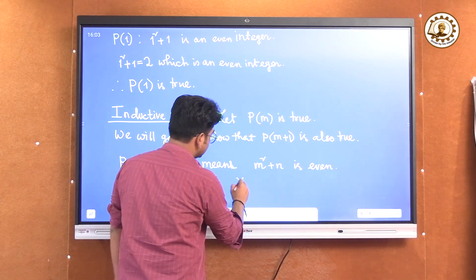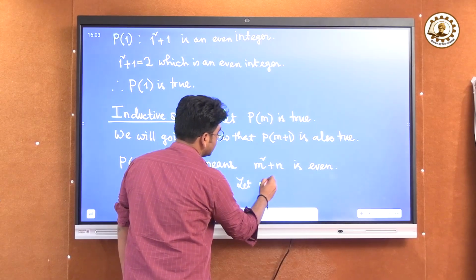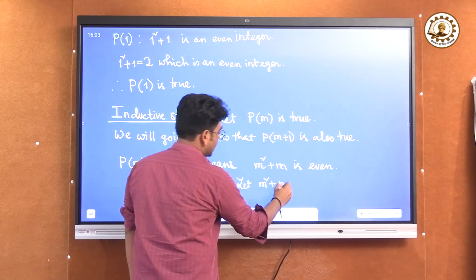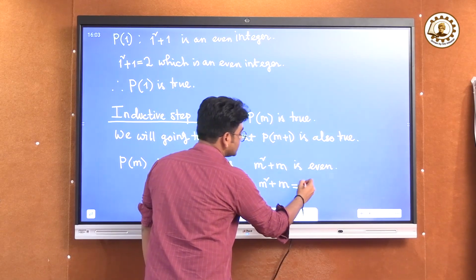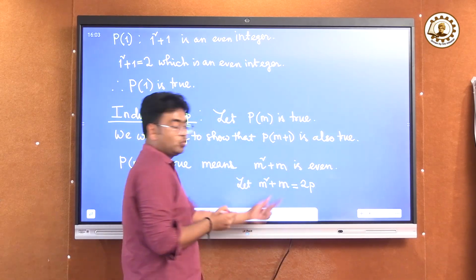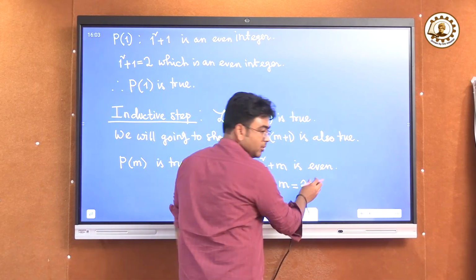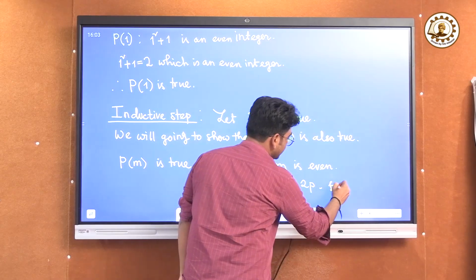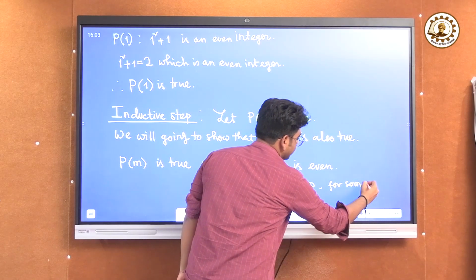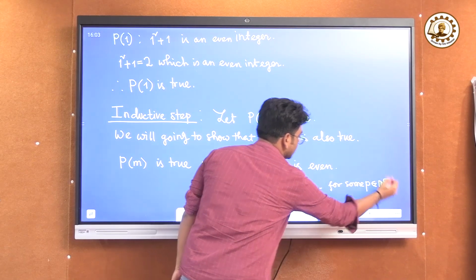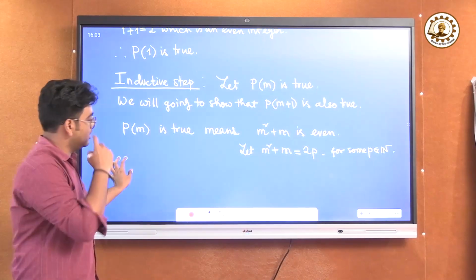Okay, and let m square plus m equal 2p, because an even number can be written as 2 times some integer, for some p belonging to the natural numbers.